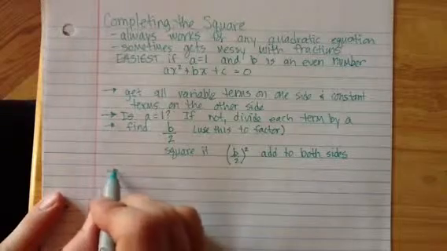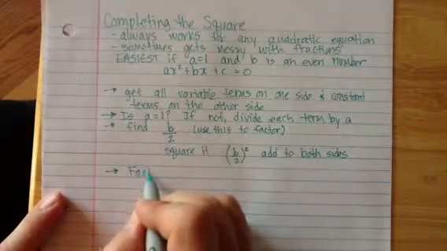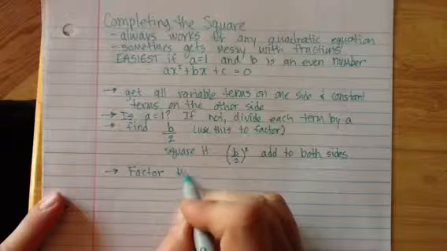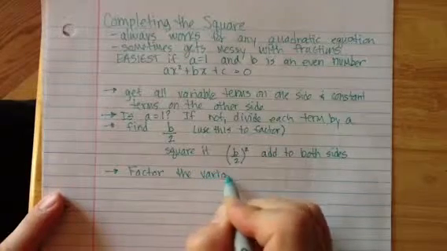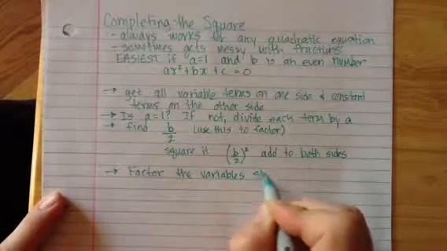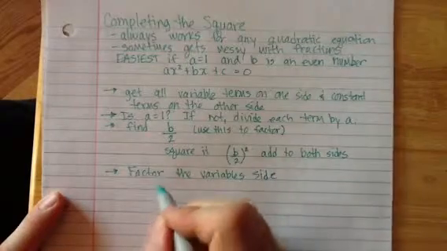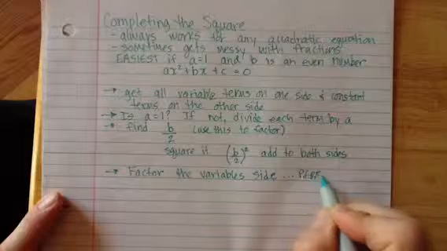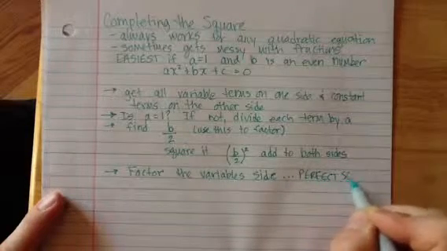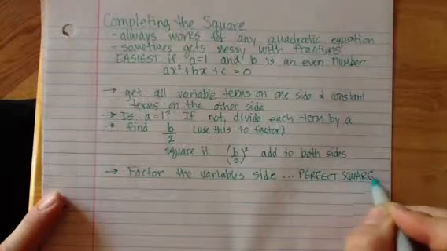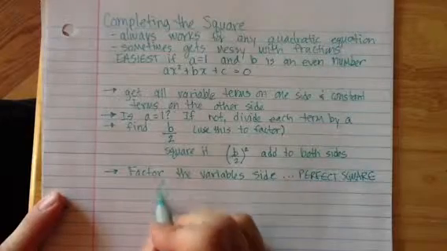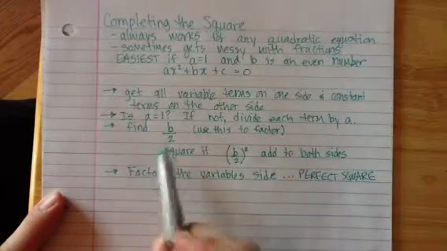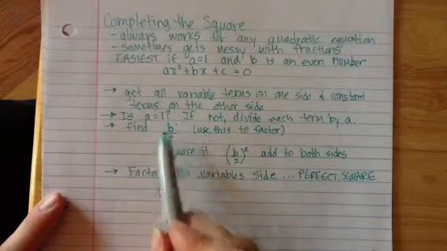The next step is going to be to factor. Factor the variable side. And remember that this will always be a perfect square. So it will always factor into x, and then we're using that b over 2 number.